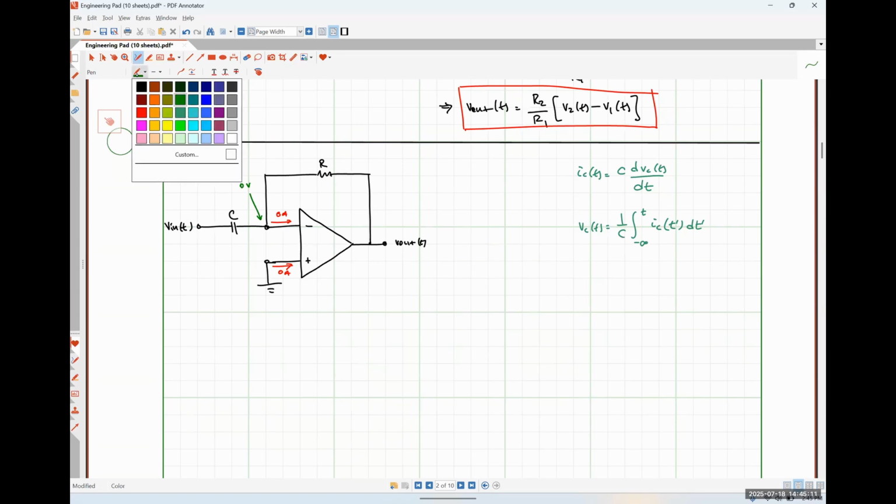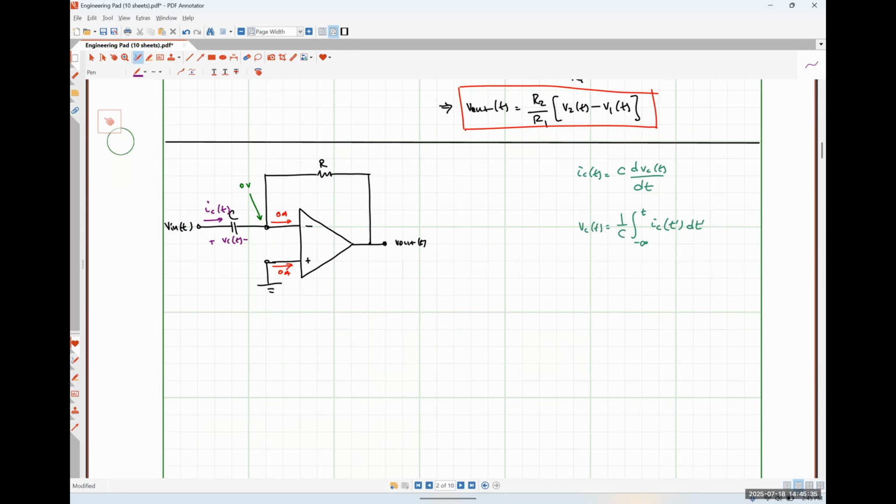And I'm going to do something ever so slightly different here. This voltage will be our capacitor voltage, and this current will be our capacitor current. So I'm just defining the current as flowing into the positive polarity terminal, okay?